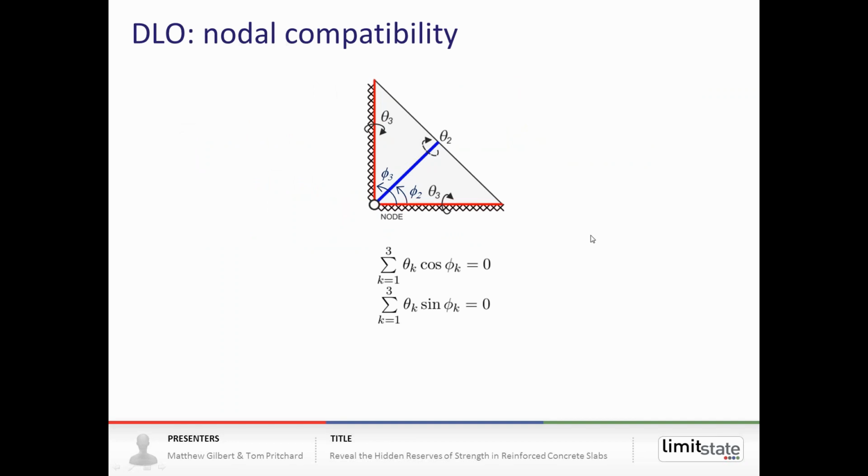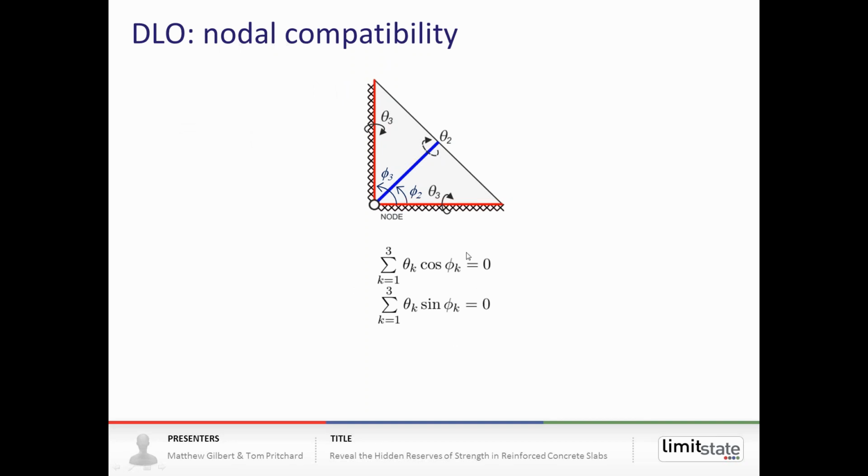In terms of the nodal compatibility constraint, if we zoom in on a node, for example the corner node identified in the diagram shown on the screen, then what we need to do is basically resolve the rotations in the x direction, and that's reflected by the top expression, and in the y direction, which is reflected in the bottom.